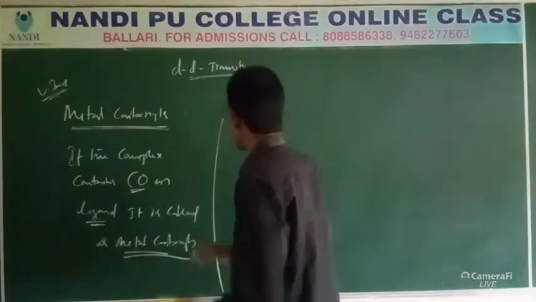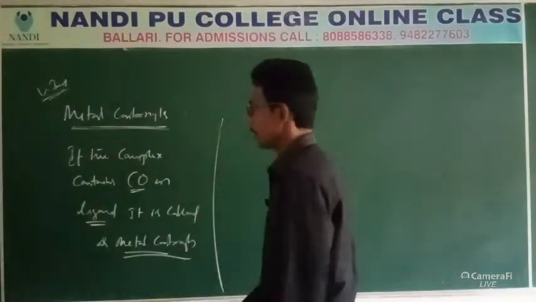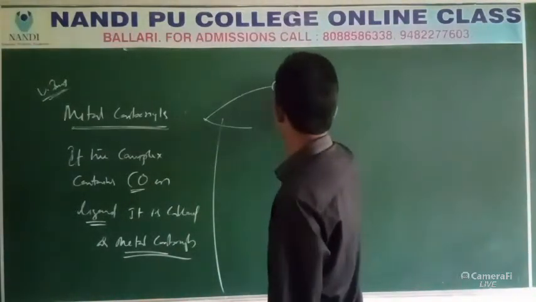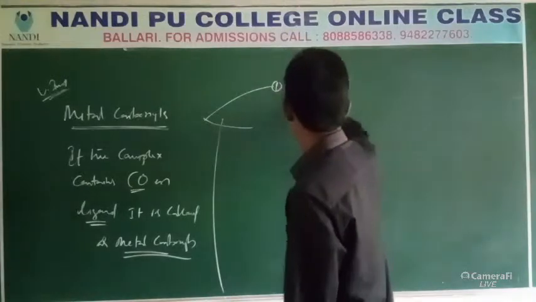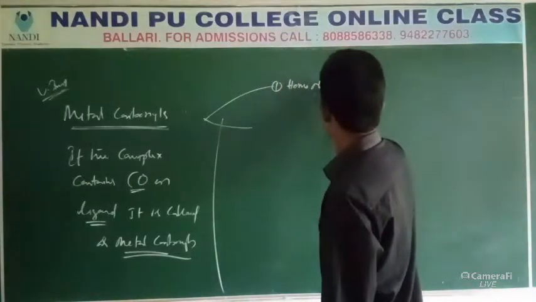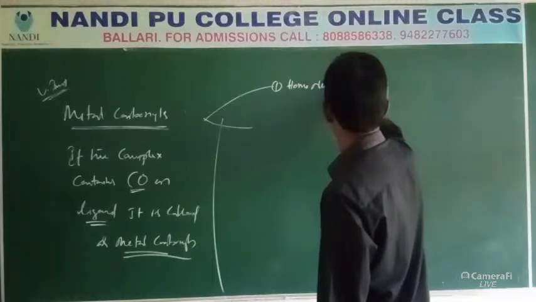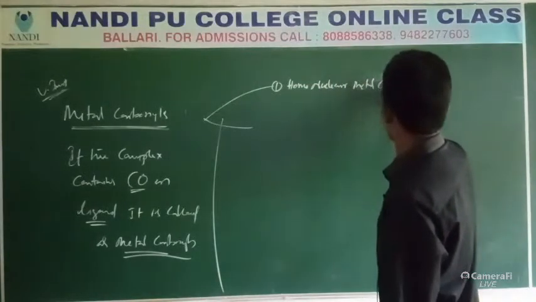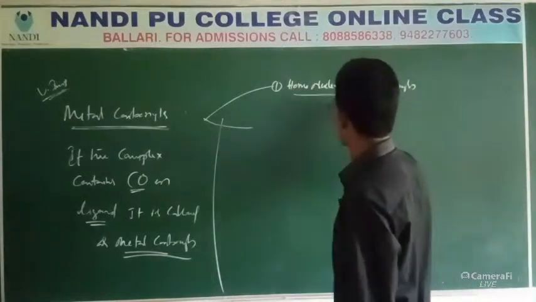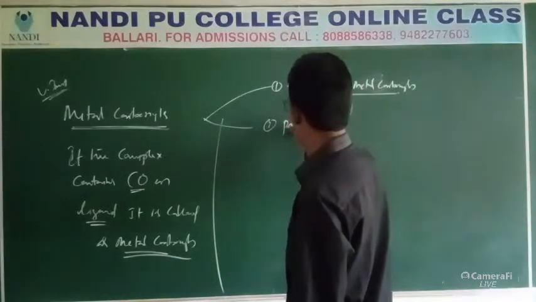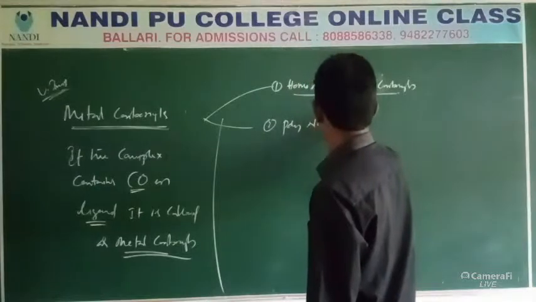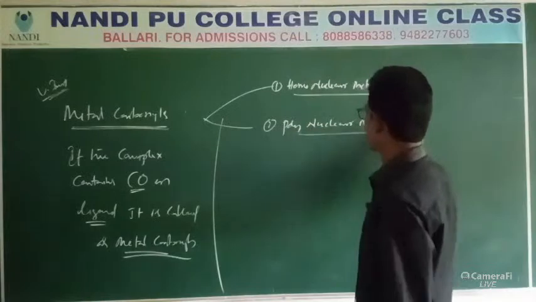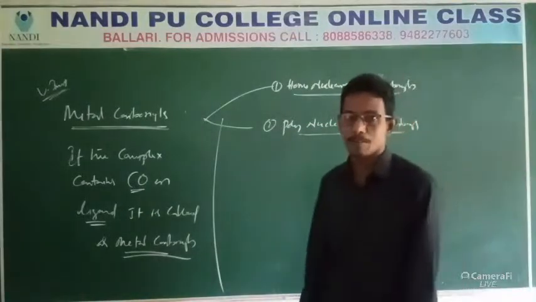Better write carbon monoxide. Generally, metal carbonyls are of two types: first, homonuclear carbonyls or homonuclear metal carbonyls; second, hetero or polynuclear metal carbonyls. Homo means only one central metal.